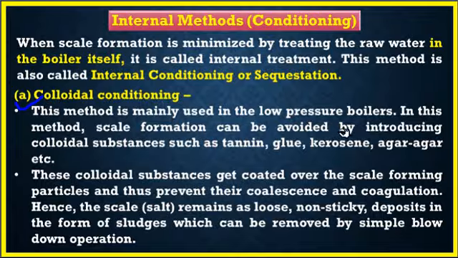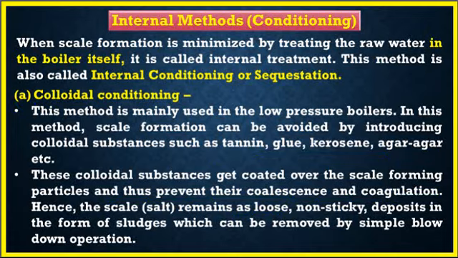In this method, some colloidal substances like tannin, glue, kerosene, agar-agar, etc. are added to the boiler feed water. These colloidal substances get coated over the scale forming particles and thus prevent their coalescence and coagulation. Hence, the scale remains as loose non-sticky deposits in the form of sludges.